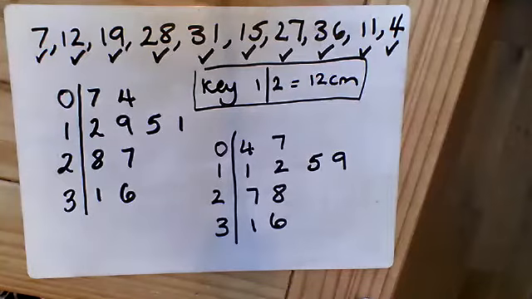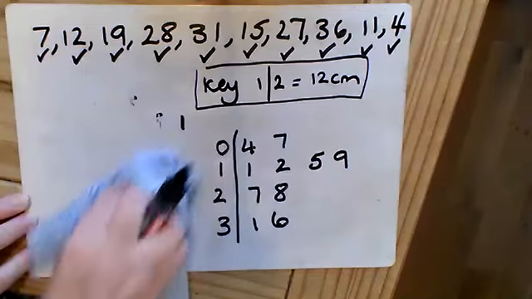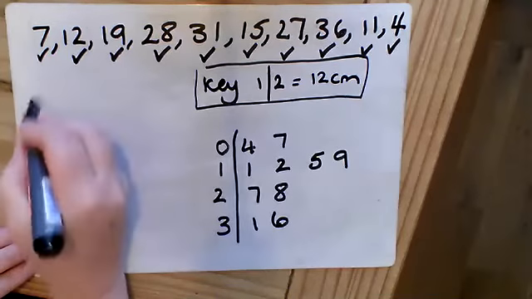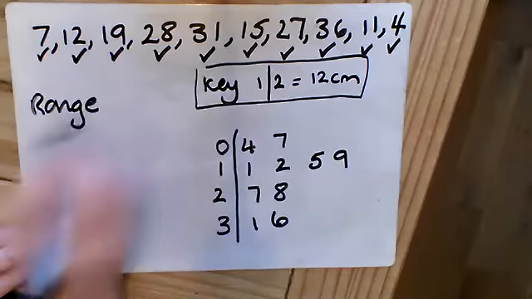Okay, the next thing I'm going to look at is finding information from this stem and leaf diagram. So if I get rid of the unordered one, you don't get any marks for an unordered stem and leaf diagram. But I would recommend you do that if you were having to draw one out, because it just saves mistakes. The information I can get from here now, I can get the range nice and easily.